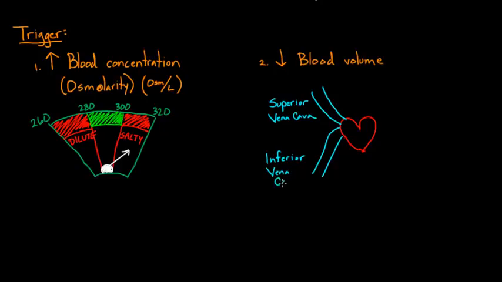But these are two examples of large veins. And we also have the right atrium, right? So we have a couple of spots here in the blood vessels where we might have little nerve endings.